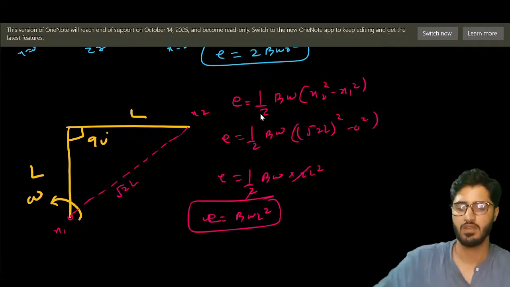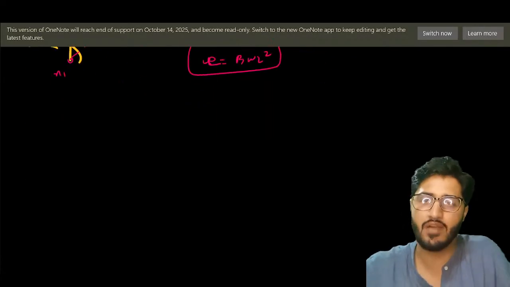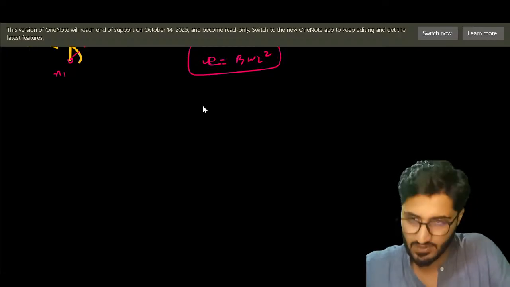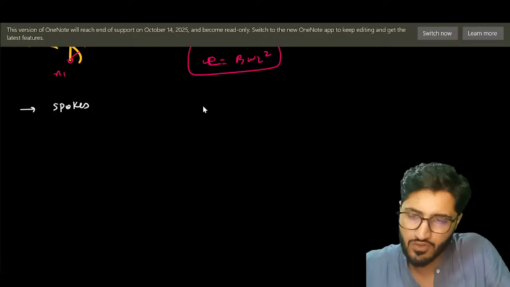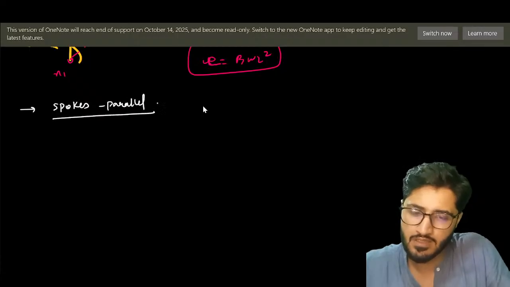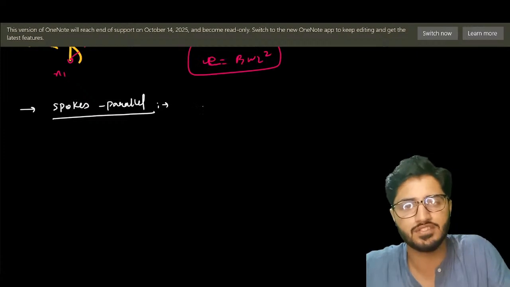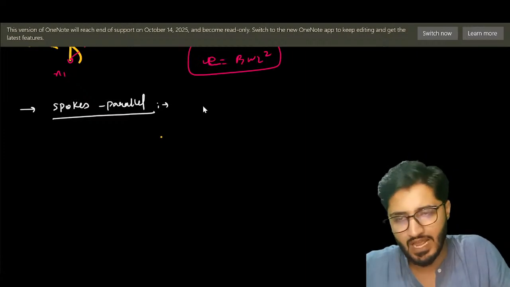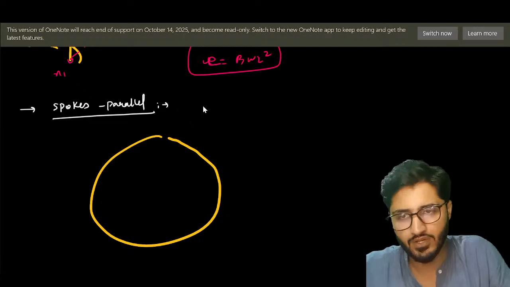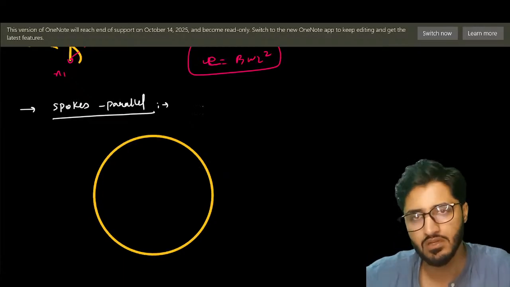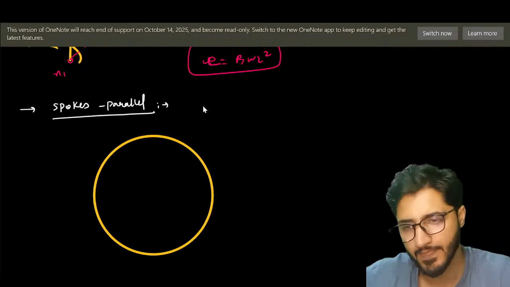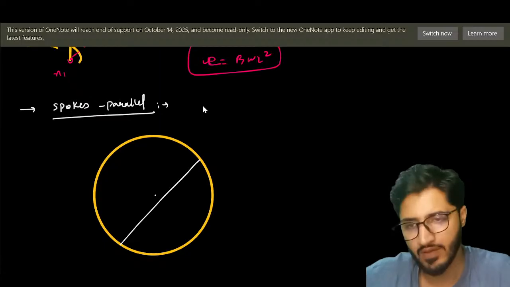Okay. Now, if we have spokes, parallel spokes, what is the meaning of it? I will tell you. We have a rim, a circular thing like this. We have a rod like this.